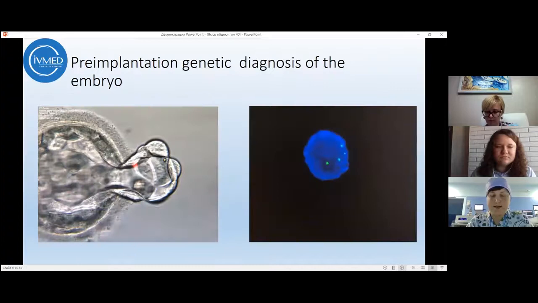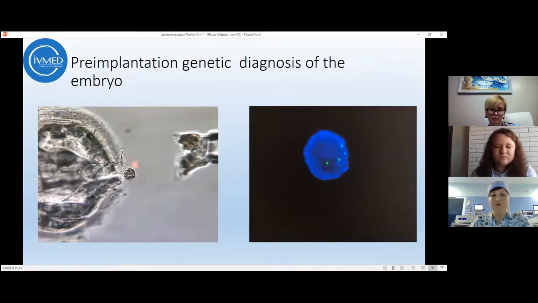The other instrument to check embryo genetics is to do a biopsy of the embryo and check how many chromosomes this embryo has. There may be some aneuploidy, or the embryo may be euploid, so we can check this with biopsy. I will also show you a video of how we do a biopsy.